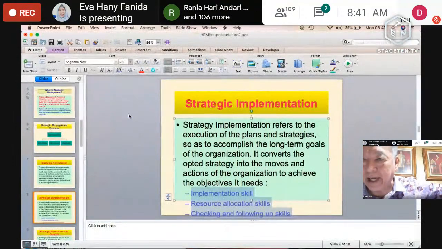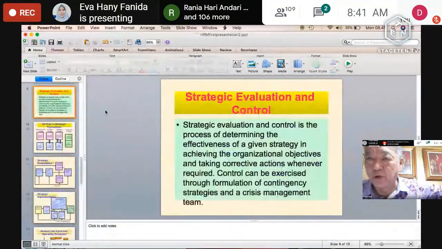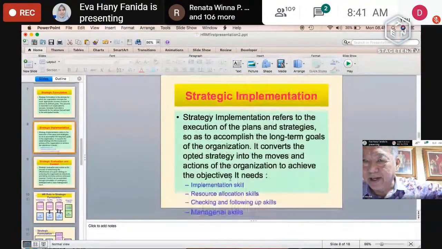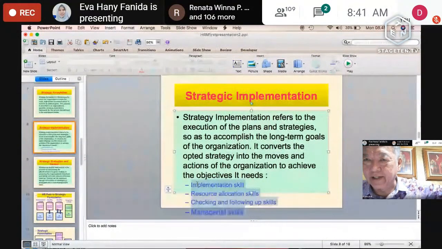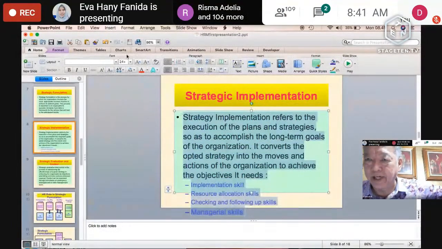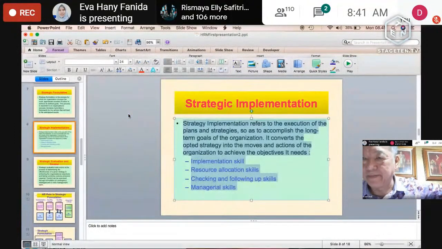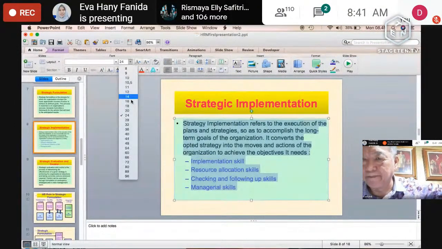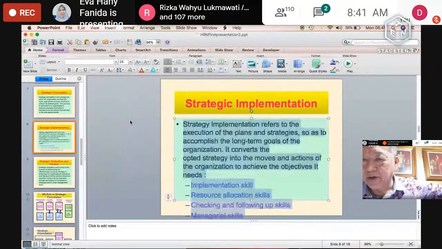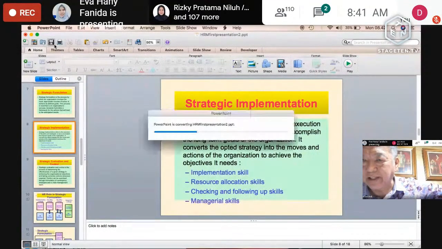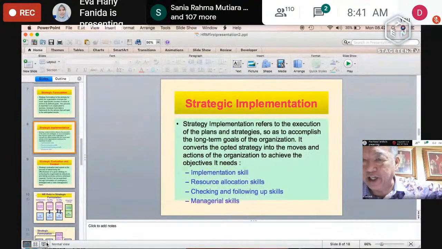Strategy implementation refers to the execution or implementation of the strategic plan, so we can accomplish the long-term strategies of organizations.